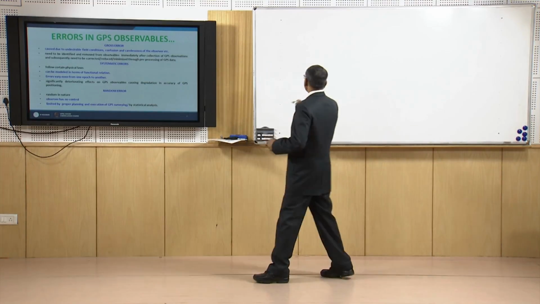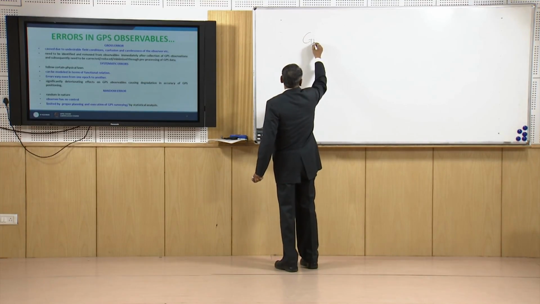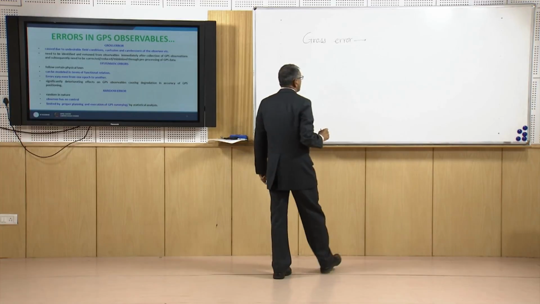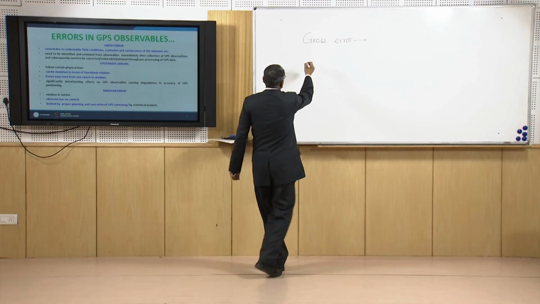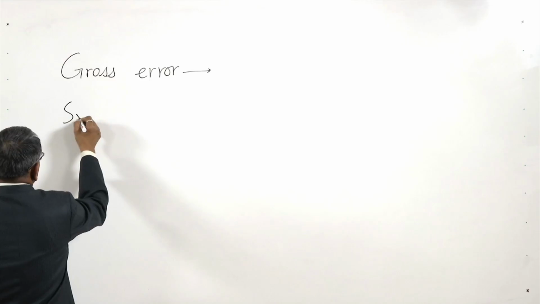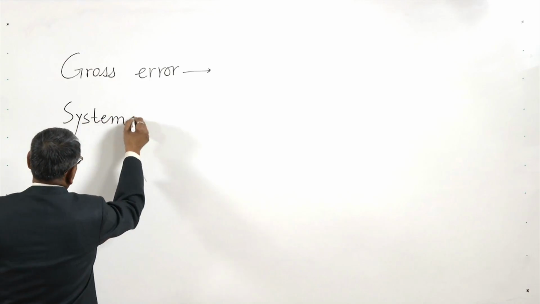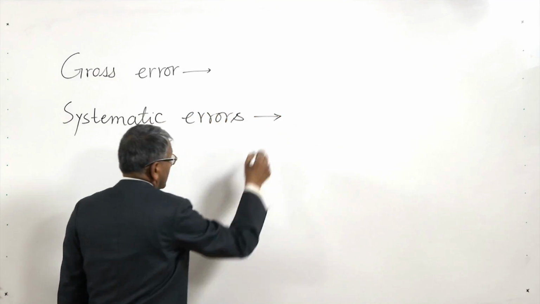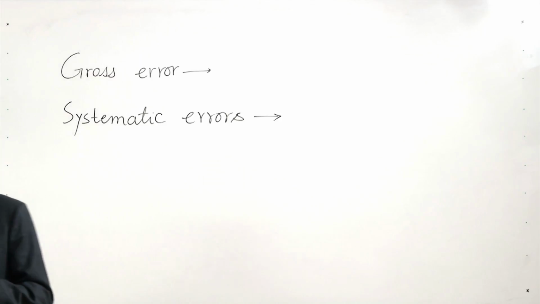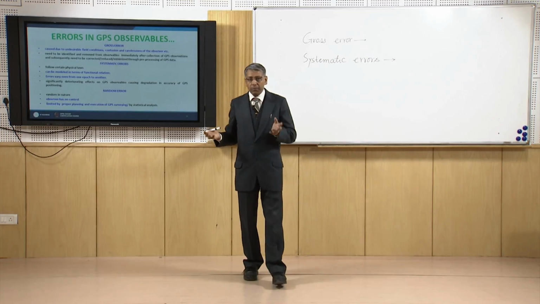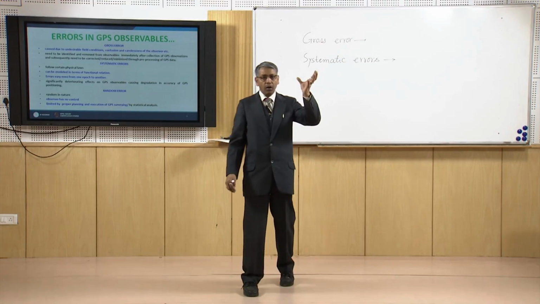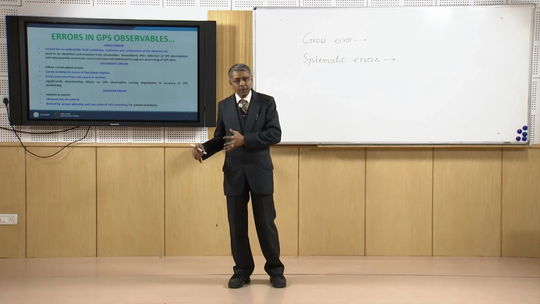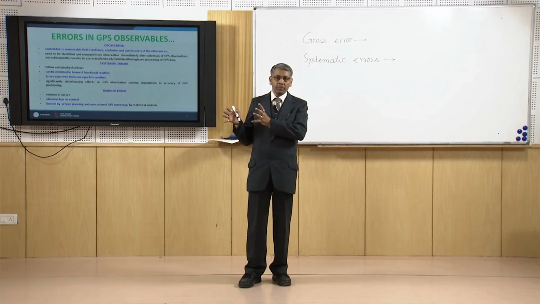Now apart from the gross error, which is the inadvertent mistakes, then systematic error. From the name itself we can understand that these are errors related to the system, that means the GPS system. Here in our case for the user it is the whole of the GPS satellite segment, then the signal coming through the atmosphere, and the GPS receiver.